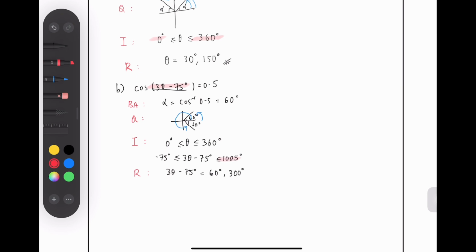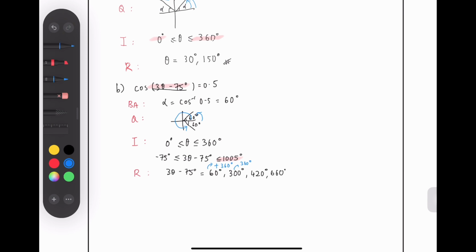But since the maximum is 1005, we need to rotate again. So we're going to add 360 to 60 and 360 to 300. So it's going to be 420 and 660.